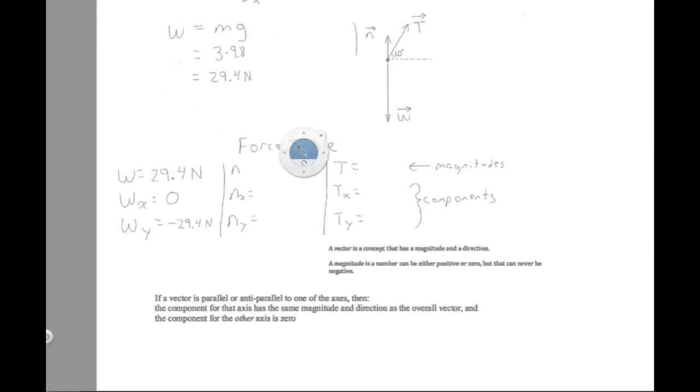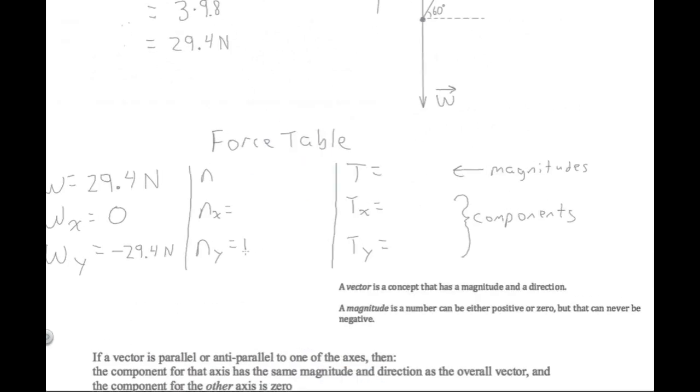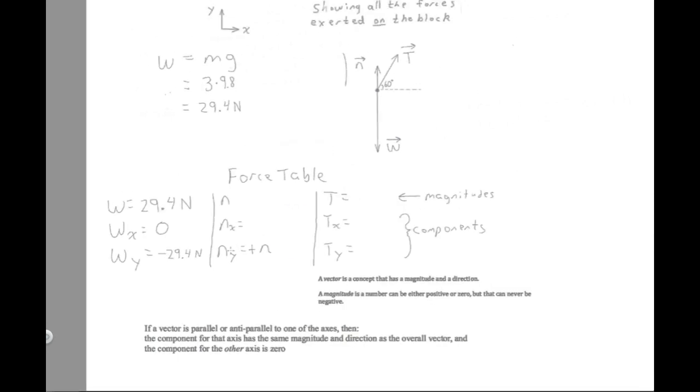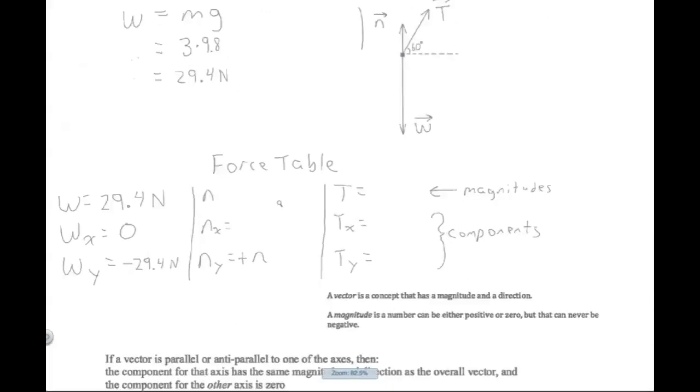Well, the overall vector points up, which is our positive y direction. And the magnitude of the overall vector, remember we're representing that magnitude just by the symbol lowercase n. So now we've shown that the y component has the same direction and magnitude as the overall vector: up, positive y direction, magnitude n. And in that case, when the vector is parallel to the y-axis, the component for the x-axis will be 0.